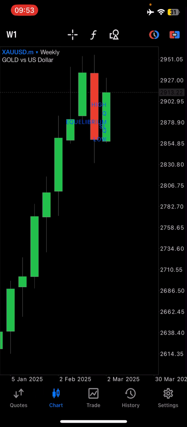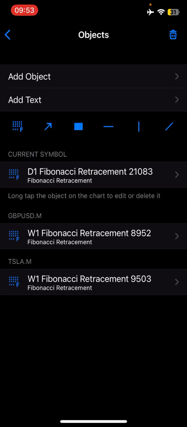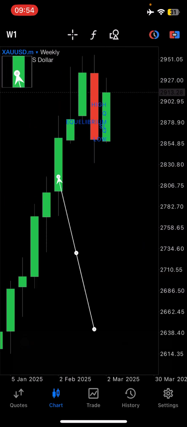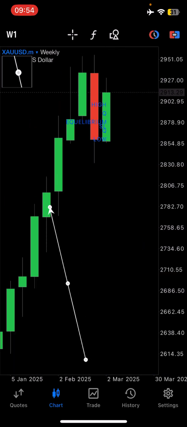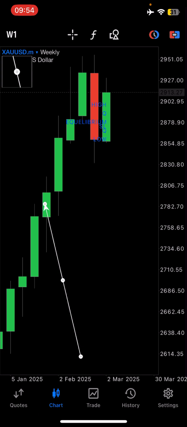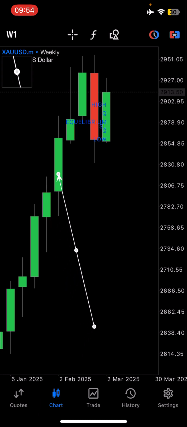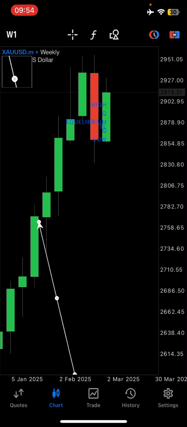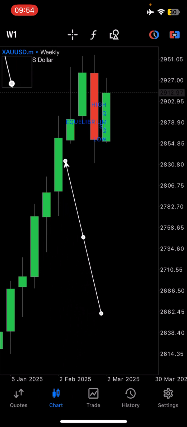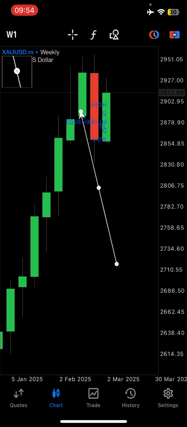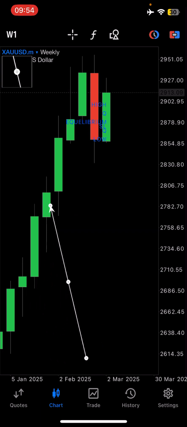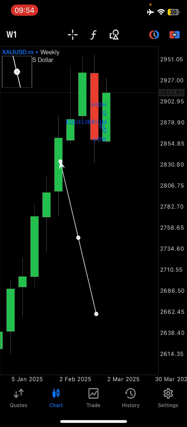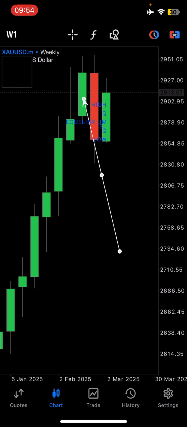So I'm going to share a little bit of a secret with you here. Have you noticed that after a small range, there's usually a large expansion? Small range, large expansion, small range, large expansion, more like consolidation, expansion, consolidation, retracement, expansion, consolidation, expansion.